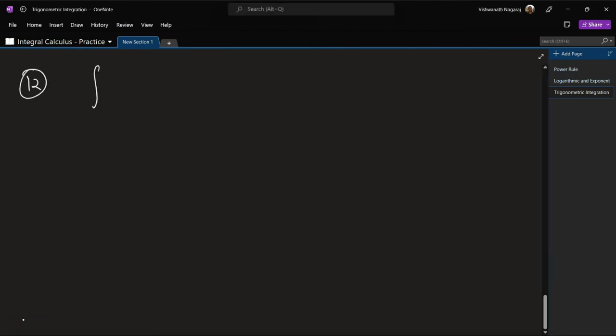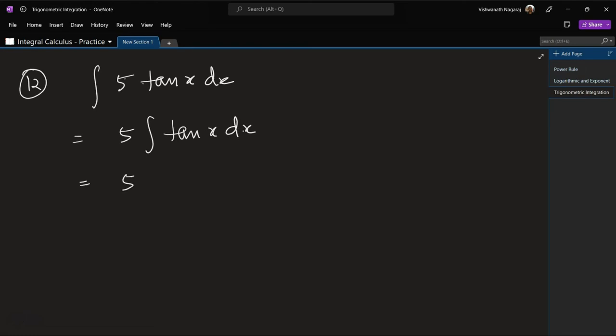12th one. Okay, integration of 5 tan x dx. Now this can be written as sin x by cos x, right?